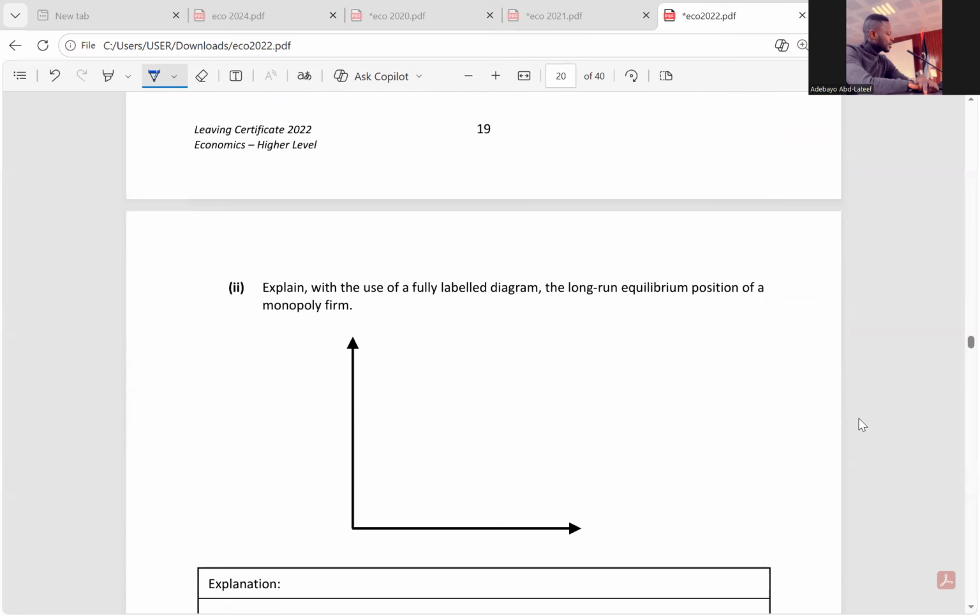Explain with the use of a fully labelled diagram the long run equilibrium position of a monopoly firm. A monopoly firm makes supernormal profit in the long run.